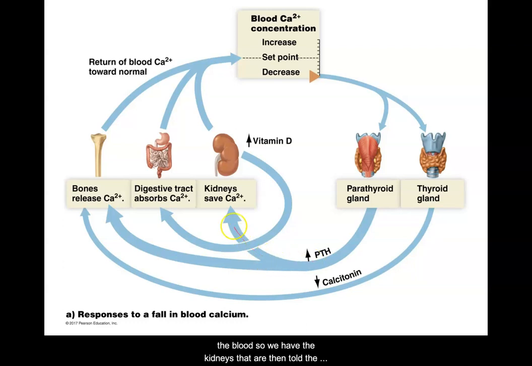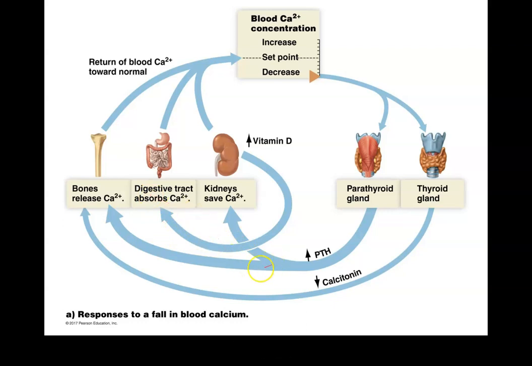So we have the kidneys, where the target cells are told to save calcium. In addition, kidneys can release vitamin D that can then promote the digestive tract to absorb calcium.